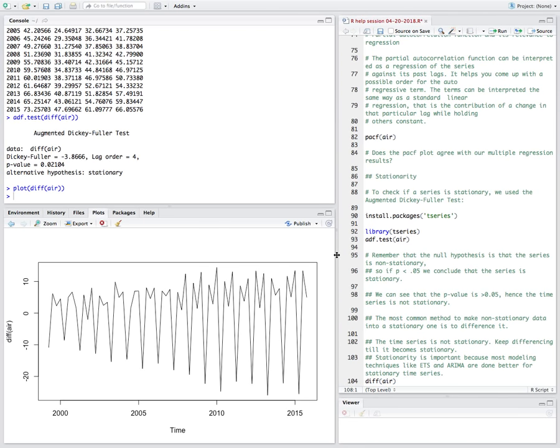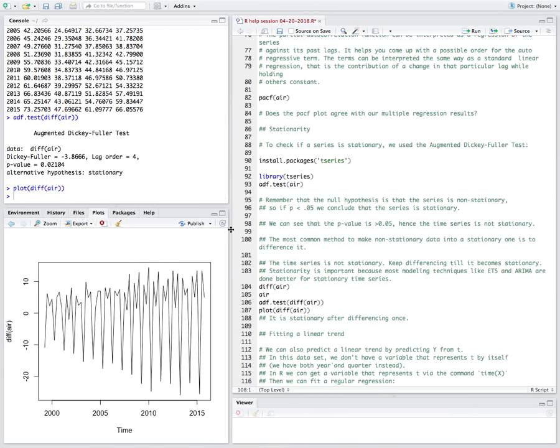That's basically what differencing does. Generally, when your time series has really strong trends, you might need to difference it more than once to make it stationary. You would just keep on differencing it till the ADF test gives you a p-value of less than 0.05, by putting the ADF test of diff of diff of air. That's going to work for you.